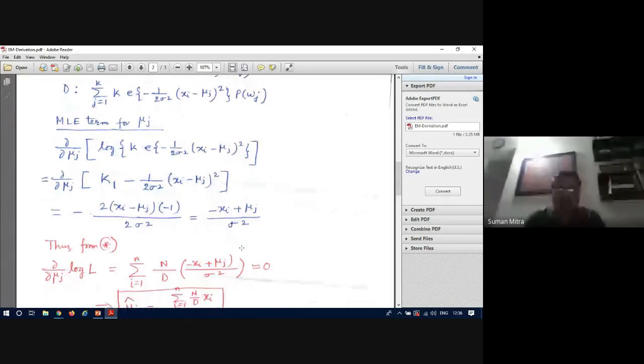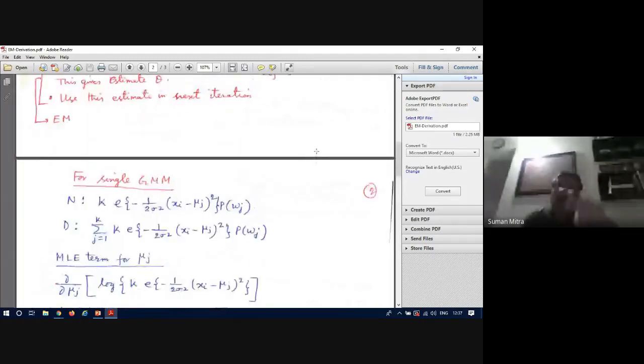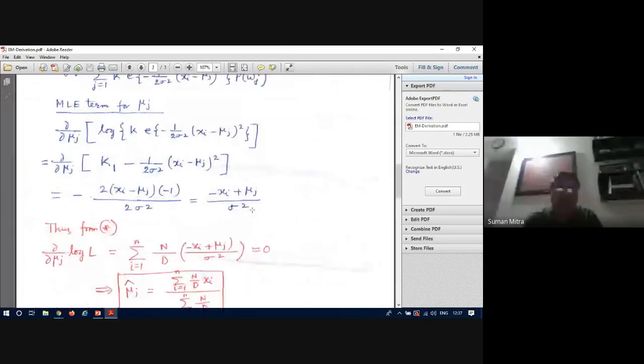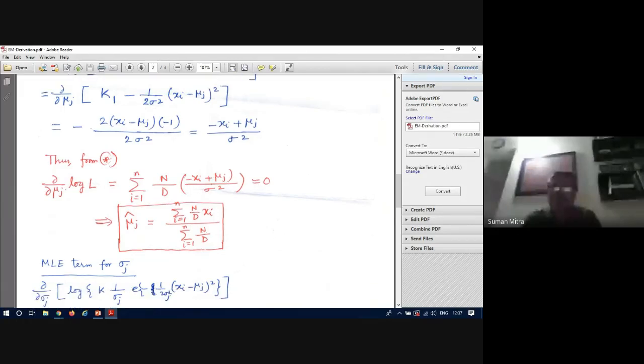So what is happening to the star? This star now becomes summation i equal to 1 to n by d into (minus xi plus mu j) by sigma square, whole square. Now from here, if you find mu j, you will get mu j hat is summation n by d xi divided by summation n by d.